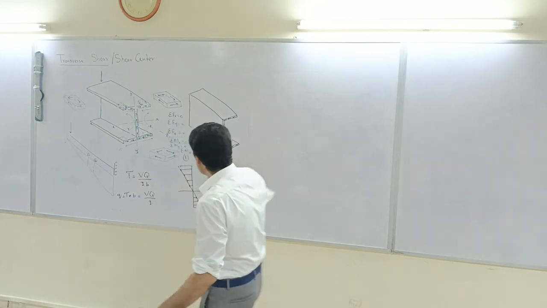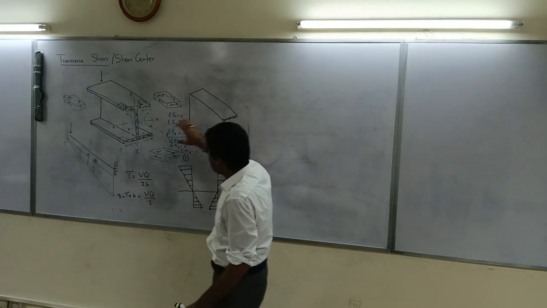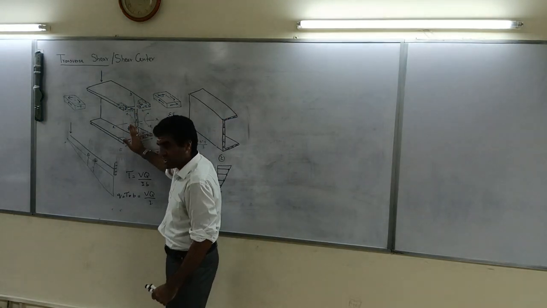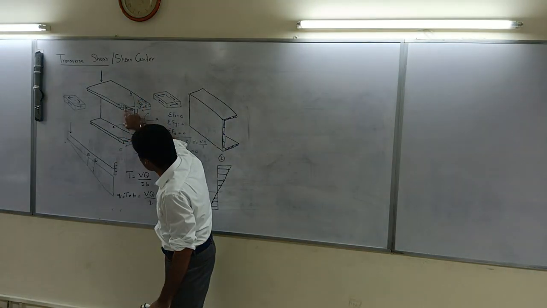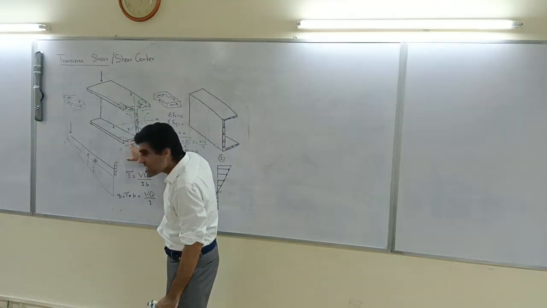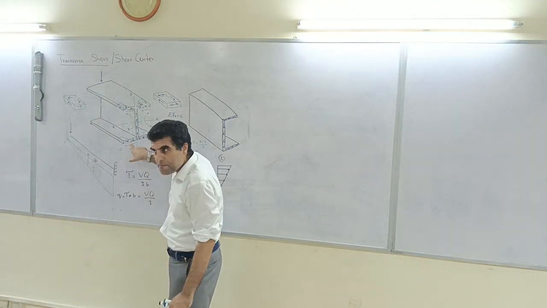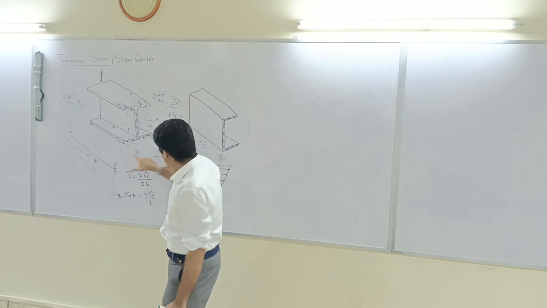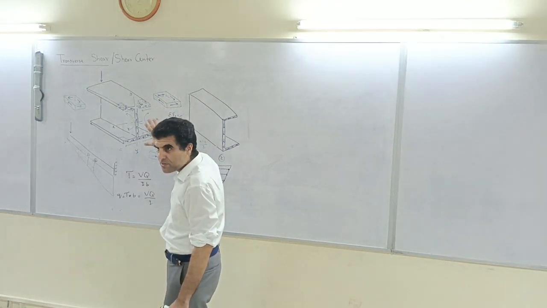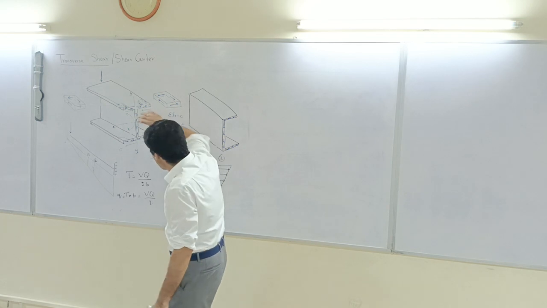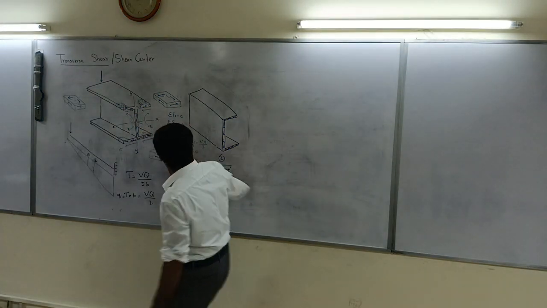Now look at this one. What happens? I've taken only half of the I section. So if I remove, in other words, this flange and this flange, what will happen to these equilibrium conditions? You will have moment in this direction. Why?